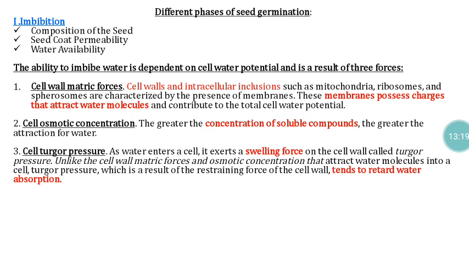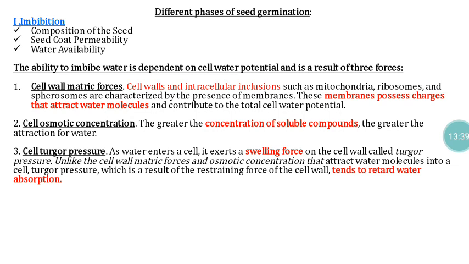particularly some cell organelles like the mitochondria, ribosomes and spirosomes. They have a well developed membrane, so that membrane also has some charges. So all those charges help the seed to attract more water molecules.